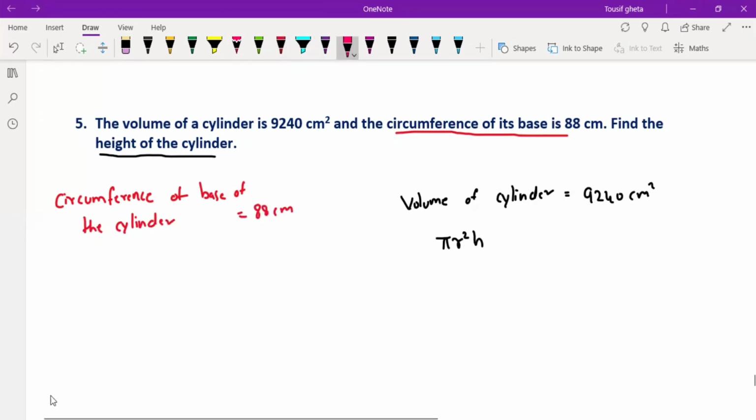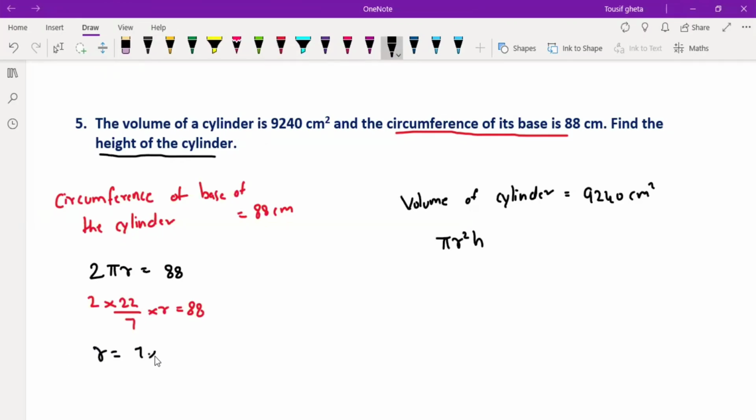So let us substitute the values. 2 into pi, whose value is 22 by 7, into the radius, which we don't know, is equal to 88. Let us cross multiply to find the value of the radius. So r is equal to 7 into 88 divided by 2 into 22.